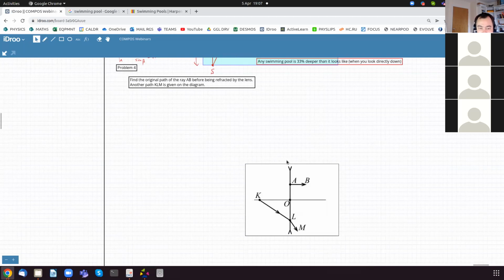So you can see here in the picture a thin lens, and a ray of light KLM. KLM is refracted like this, and you need to find the original path of AB. So where is AB actually coming from?